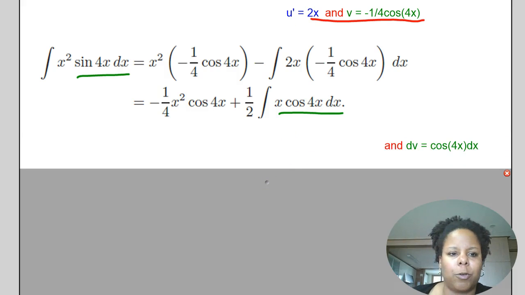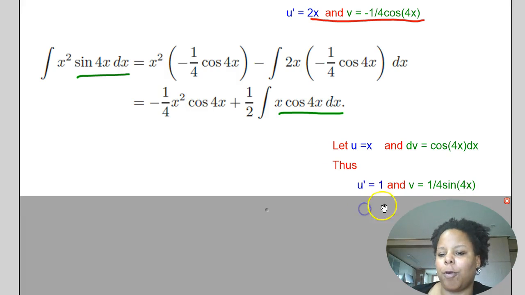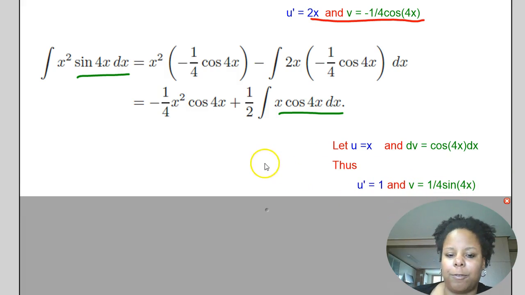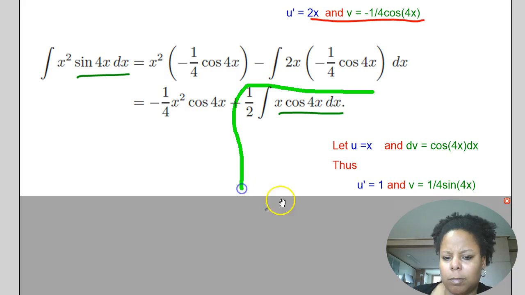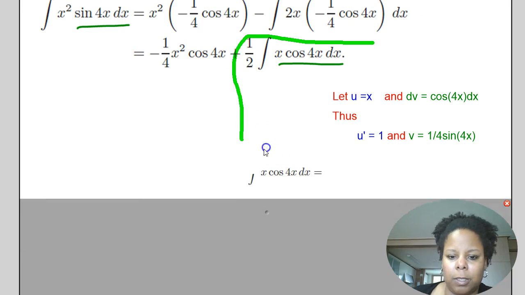So in this case, we're going to let u be equal to x and dv equal cosine 4x, and that means that u prime is 1 and v is 1/4 sine of 4x. So just for this part alone, and we're only doing this part, we have, let me move this up so you can see.